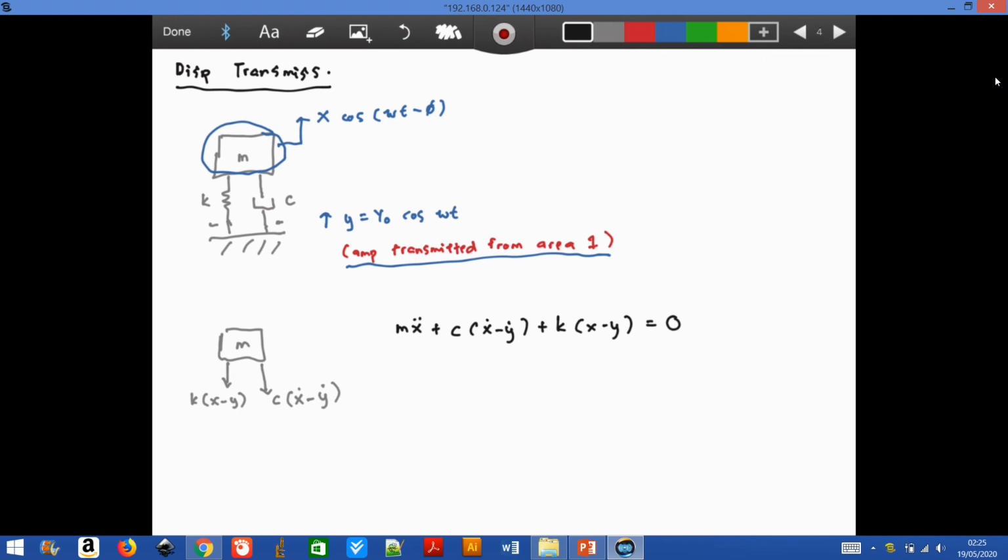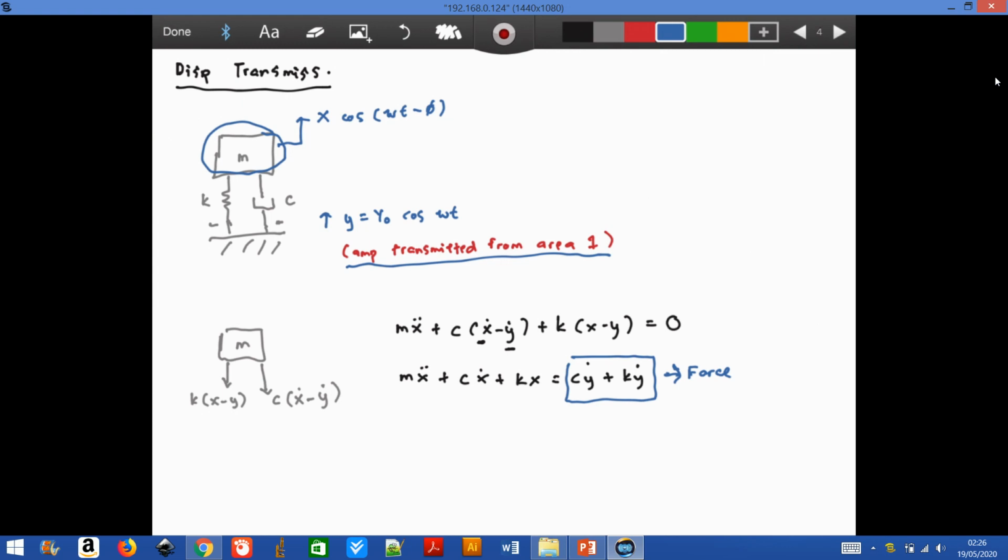If I rearrange so that I put the x terms on the left side and the y terms on the right-hand side, it will become m x double dot plus c x dot plus kx equals c y dot plus ky. So generally this is the force transmitted from the ground to the camera.